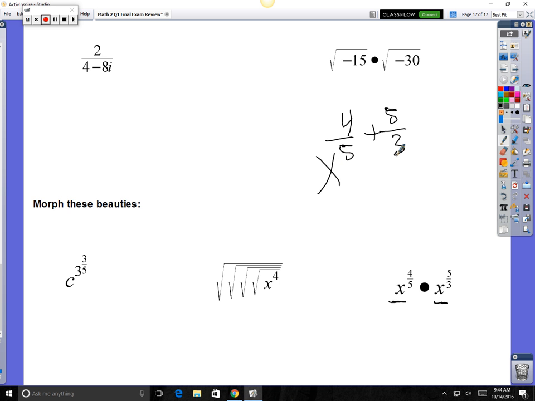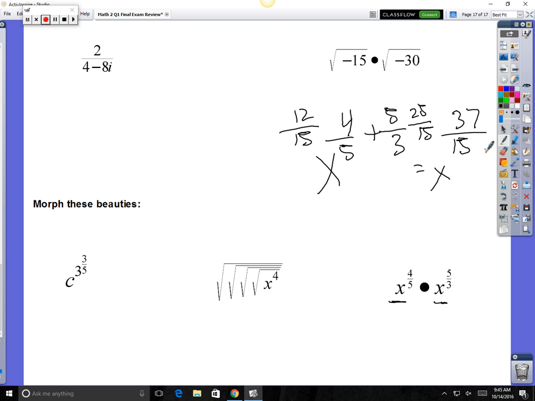So fifths and thirds, you need to change them to 15ths. So if you change 4/5 to 15ths, that would be 12/15ths, and 5/3 would be 25/15ths. So if you add 12/15ths and 25/15ths, that's going to be a total of 37/15ths.